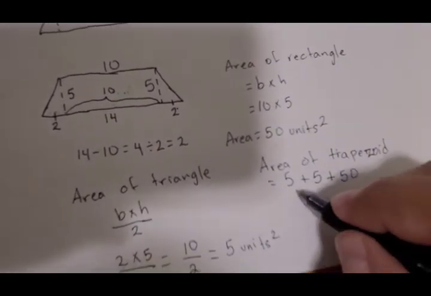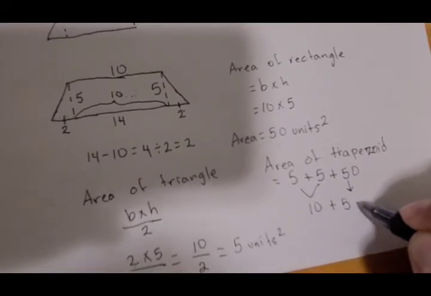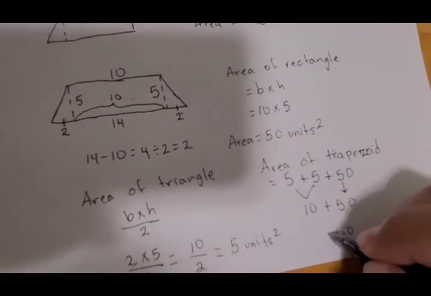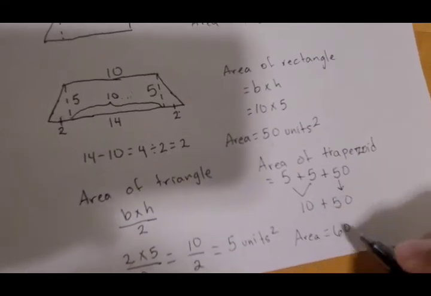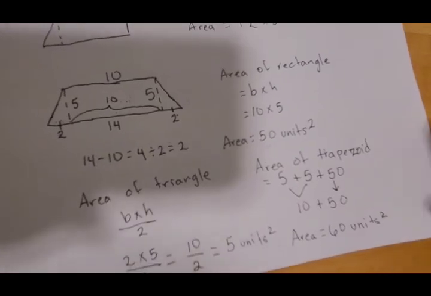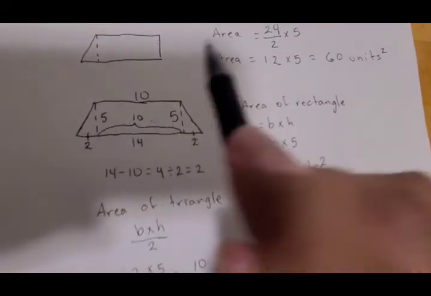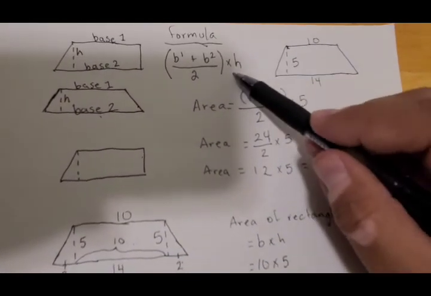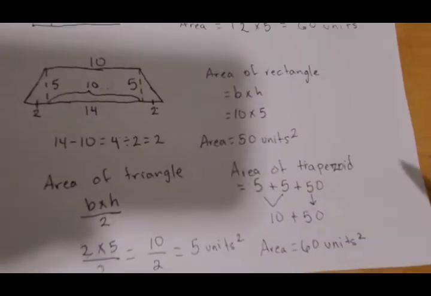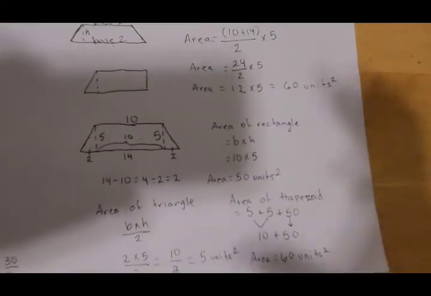So 5 plus 5 is 10. We bring the 50 down. 10 plus 50 is 60. So we know that the area equals 60 units square. And as you can see, using the same trapezoid in two different methods, one with the formula, one by decomposing the trapezoid into different shapes, we get the same answer: 60 units square, 60 units square.